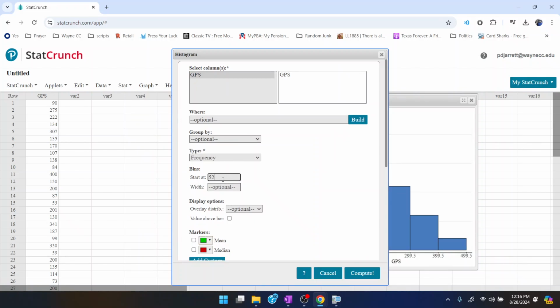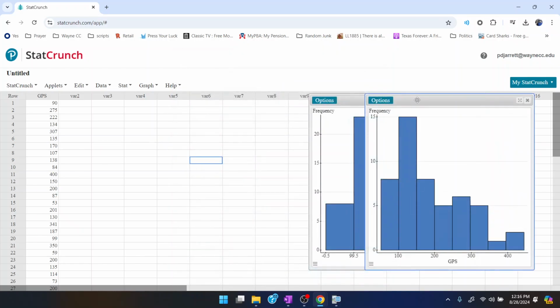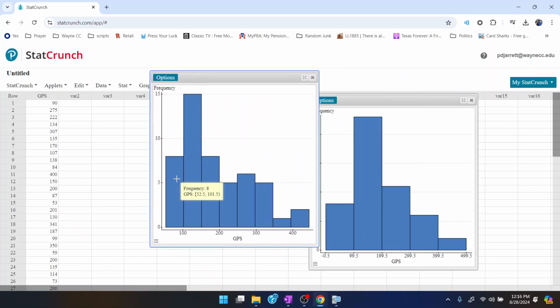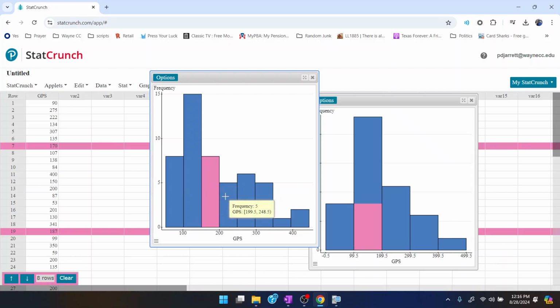This time, I'm going to start that at 52.5 and a width of 49. And looky here. So you have 8, 15, 8, and so on. And the really cool thing is you can actually click on this data and it will display it for you.